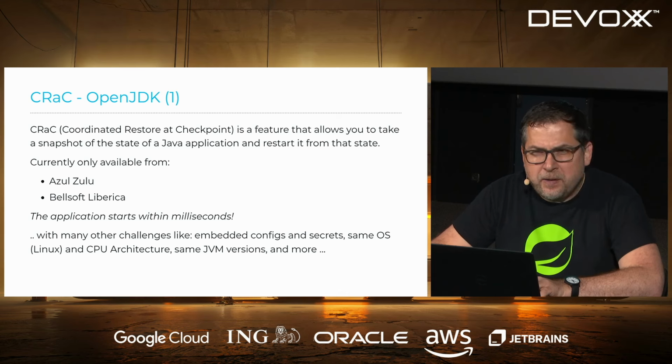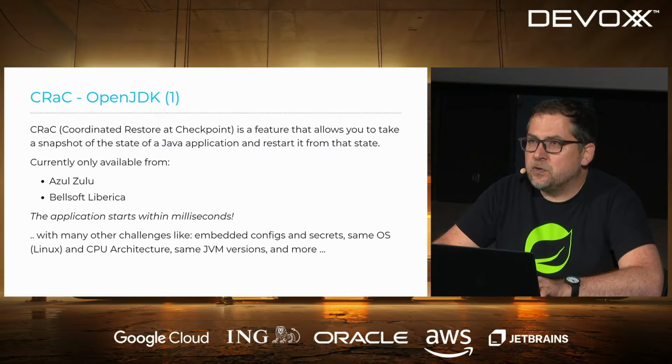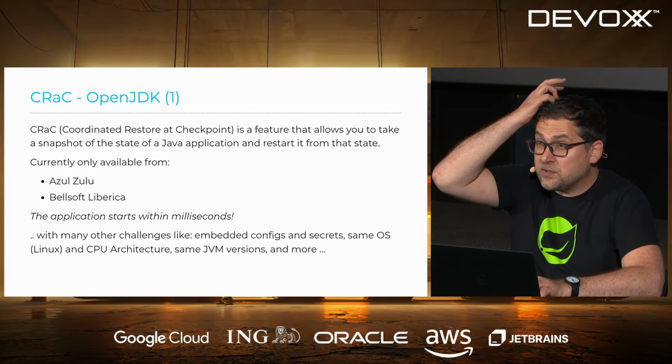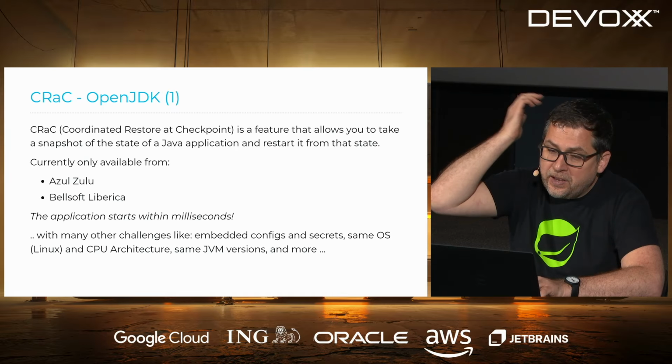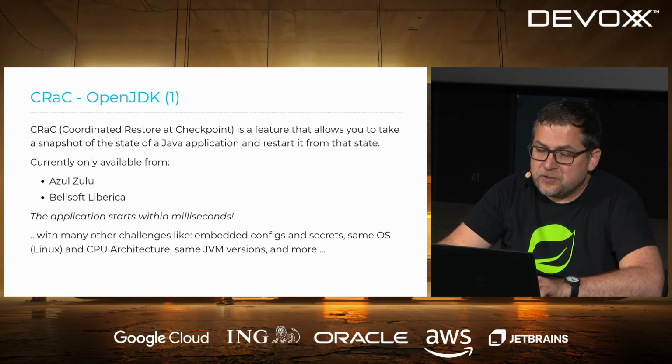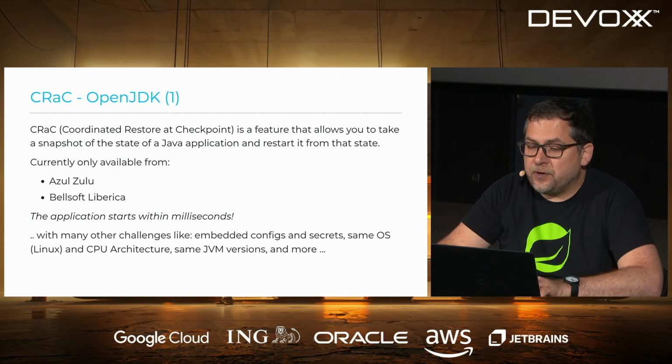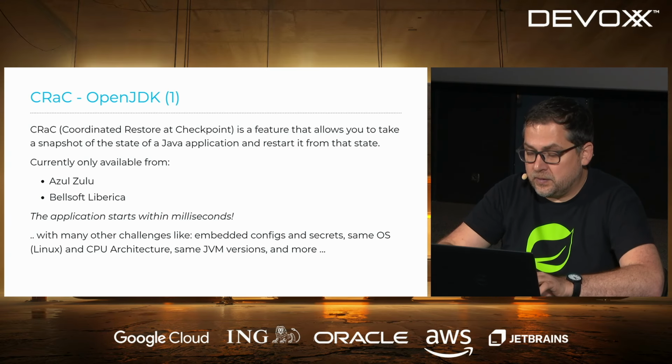I remember that people were saying on Reddit and the mailing list that CRaC will never make it into OpenJDK by default, because OpenJDK is meant for desktop and it needs to run on Windows, and CRaC does not run on Windows at all. So CRaC is basically a feature similar to GraalVM native images, just with the difference that we can restore a process which was dumped to disk, and we just restart that one.